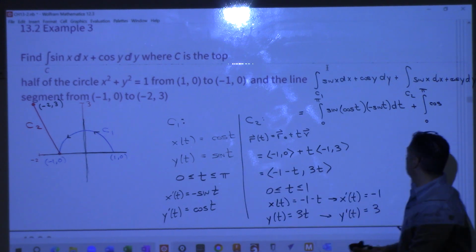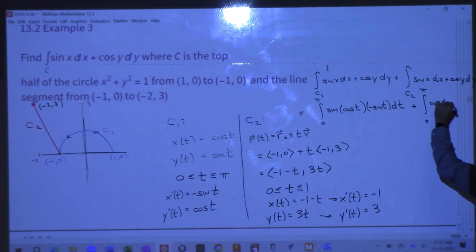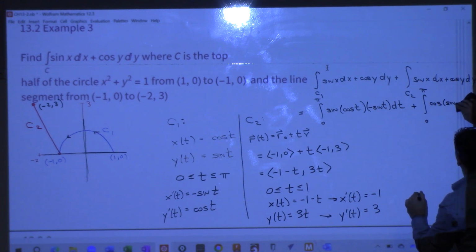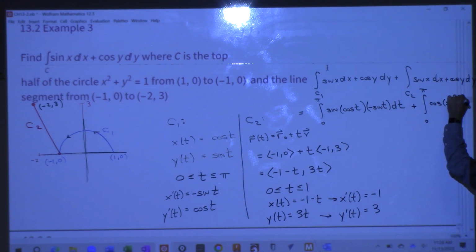Cosine of sine of t. And then dy. What's dy for us? Cosine t dt. All right, I'm definitely off camera there.